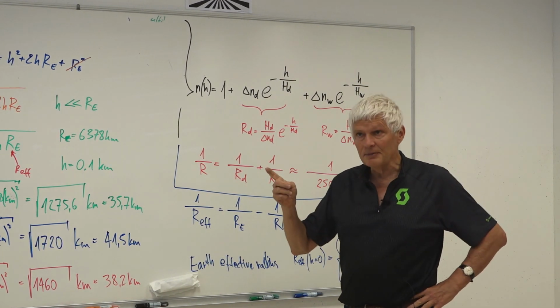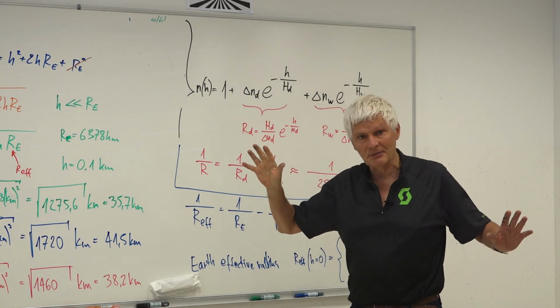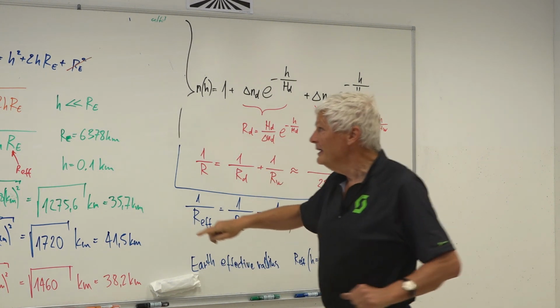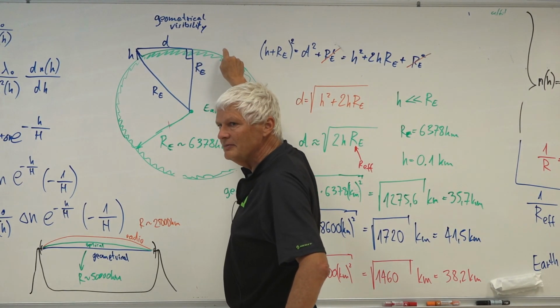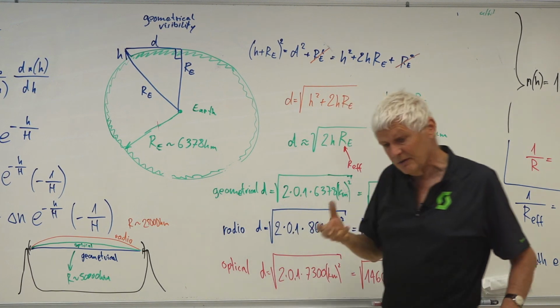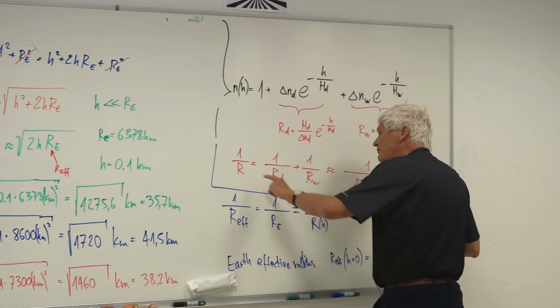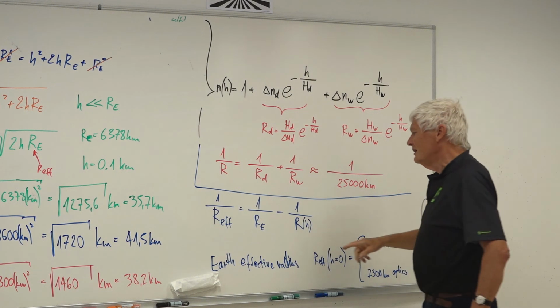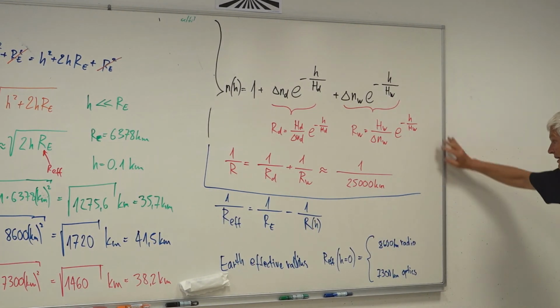If the Earth's atmosphere would go up to approximately 4 bar pressure of air, the radio wave could actually track the Earth's surface. The curvature of the radio wave would be the same as the curvature of the surface of the Earth. So this would give me an infinite effective radius of the Earth. So flat Earth. I could flatten the Earth.